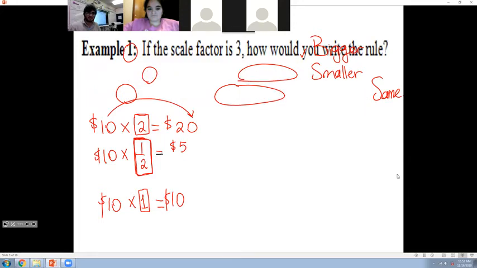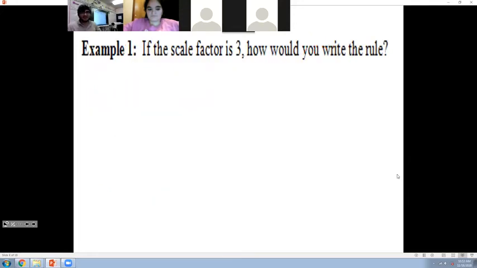Thank you. Now, Layli, if the scale factor is 3, how would you write the rule? And is it going to be enlargement or reduction? Yes, that's correct, enlargement. Thank you, Layli. It is enlargement. And how can we write the rule?